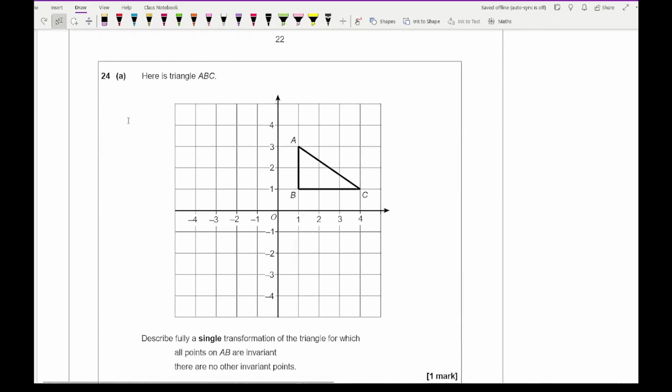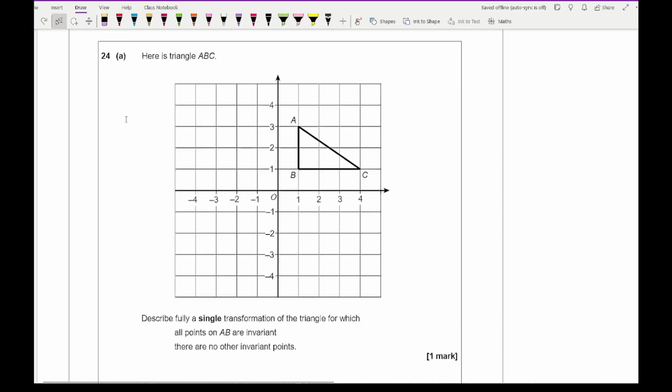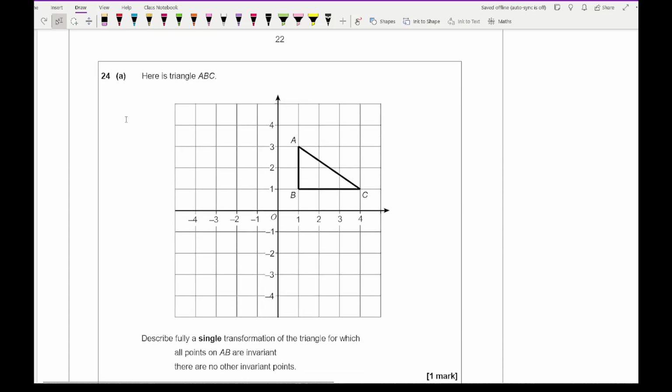Moving on to question 24, which is our last question. It says, here is a triangle ABC. Describe the single transformation of the triangle for which all points on AB are invariant and there are no other invariant points. So basically what this means is that A and B do not move. So if that is the case, then the transformed shape is going to look like this.